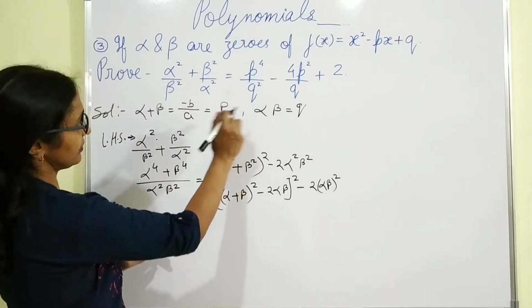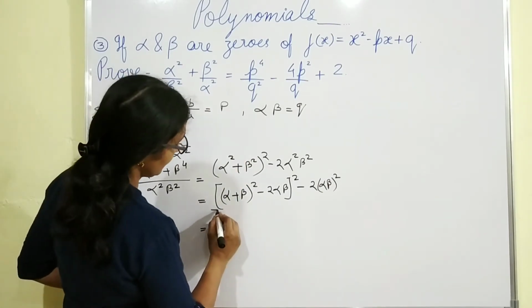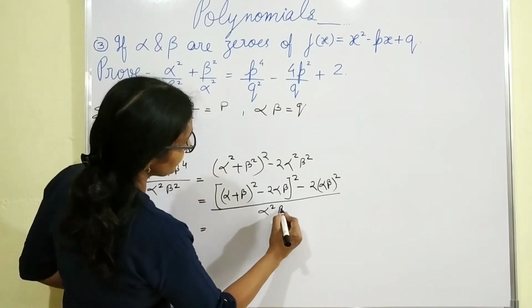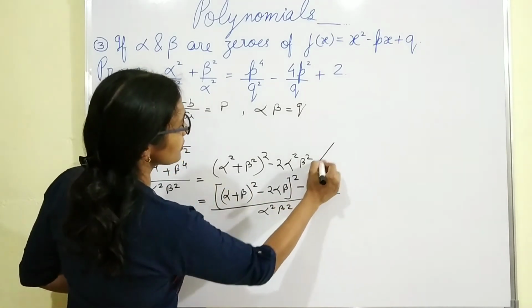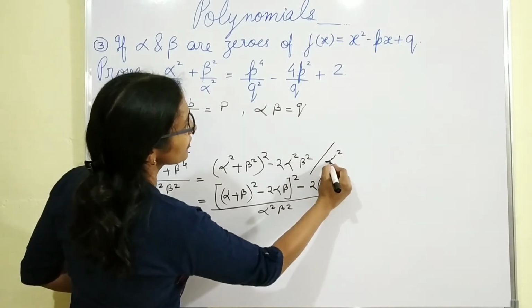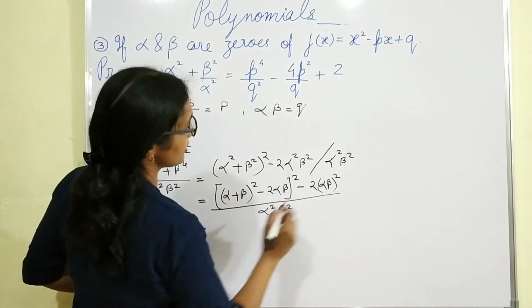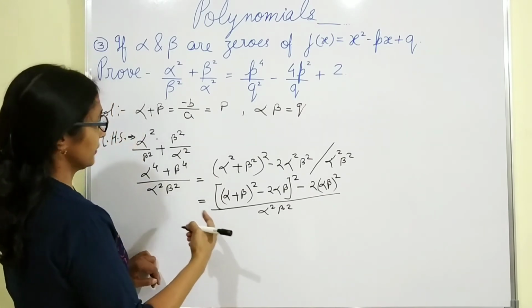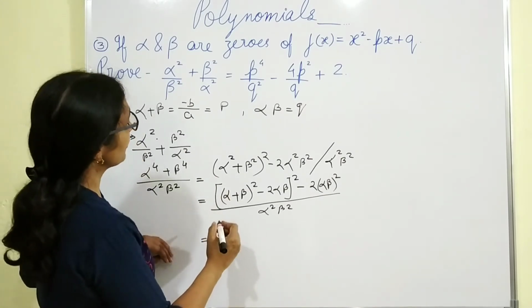Now put these values here, whole upon alpha square beta square. In this also, alpha square beta square. So now we will put the value.